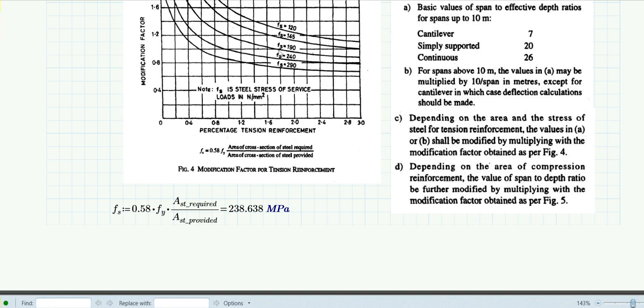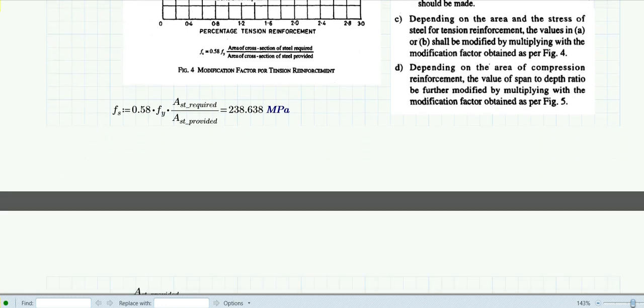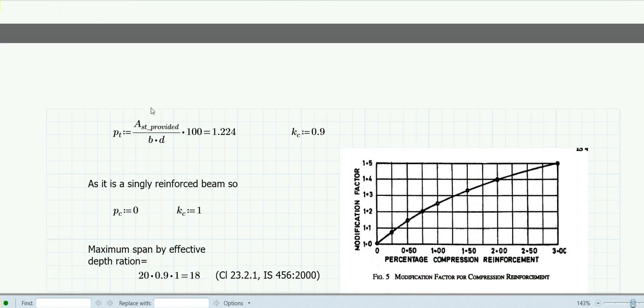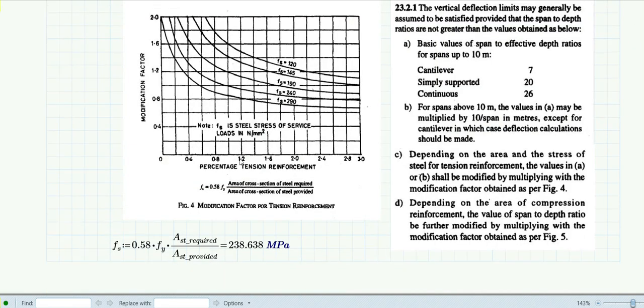You can see there is no graph for 238, so it will be in between 190 and 240, right? And also you have to find out the percentage of tension reinforcement. The percentage of tension reinforcement, pt, is AST provided by bd into 100, that is 1.22%. If you refer to the graph, 1.22% will be somewhere here, very close to this.